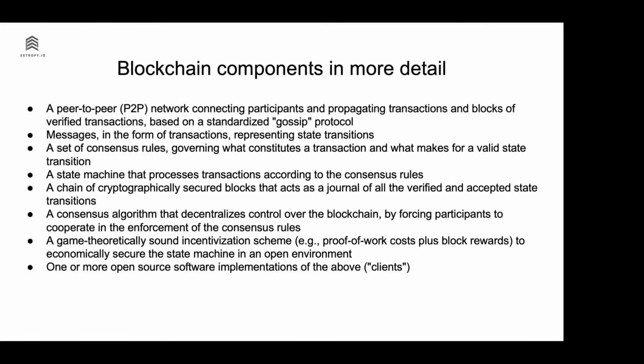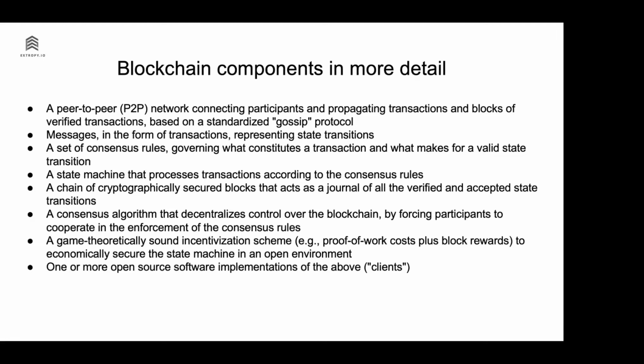And then we have blocks in the blockchain, which are secured cryptographically by means of the primitives that we spoke about, such as hash functions and signatures. And these give us a history of the acceptable state transitions, the transactions in effect that we have.